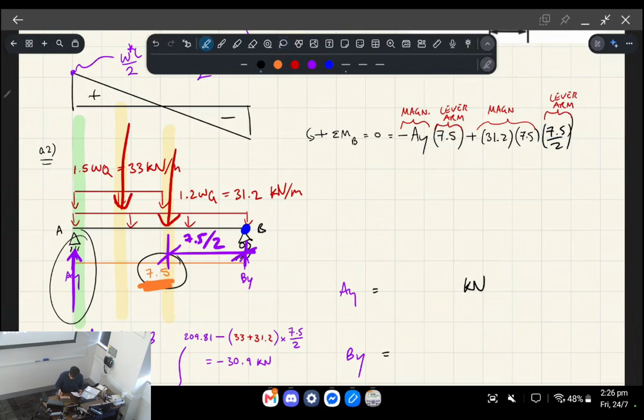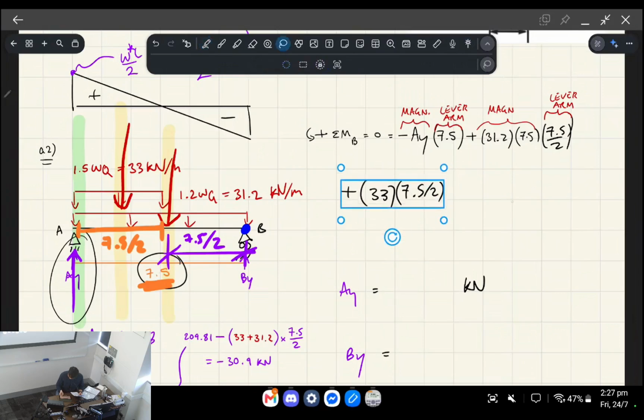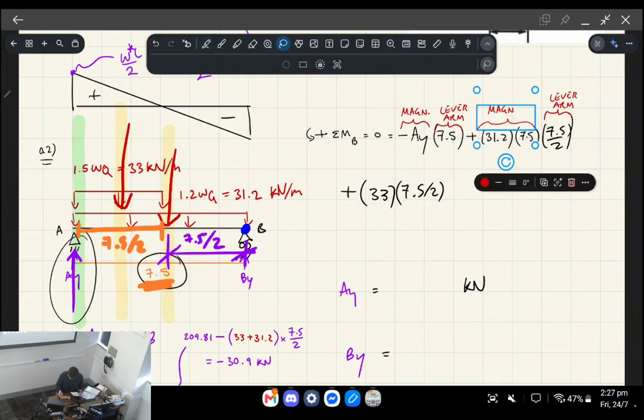And then next we're going to account for this force due to the live load. So similarly, we're going to do 33 multiplied by the distance in which it acts, which is going to be 7.5 divided by 2. And just like before, that is going to be our magnitude.